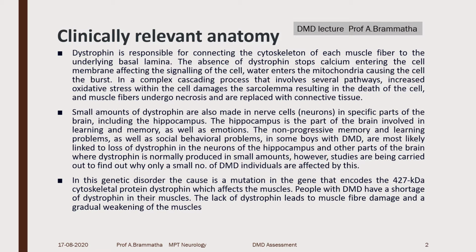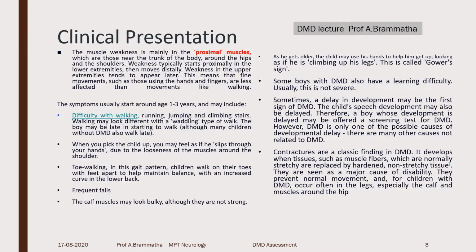Maybe that could be attributed to the loss of dystrophin in the neurons of the hippocampus and the parts of the brain which are connected to the hippocampus. And also a gene has been implicated which leads to lack of dystrophin and ultimately the loss of muscles.